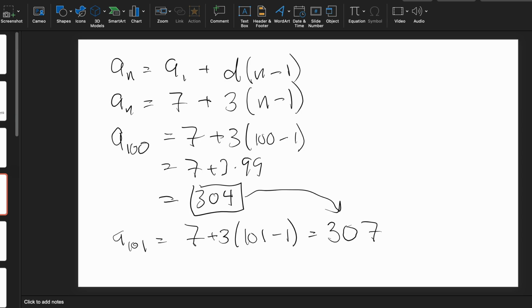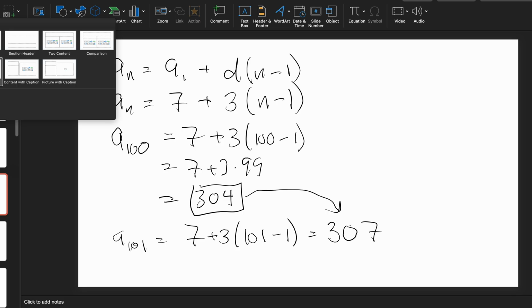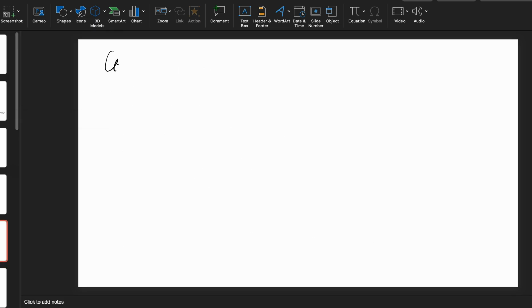Okay, so that was an example of an arithmetic sequence. Let's go over a geometric sequence. Geometric sequences are very similar. So let me write it this way.